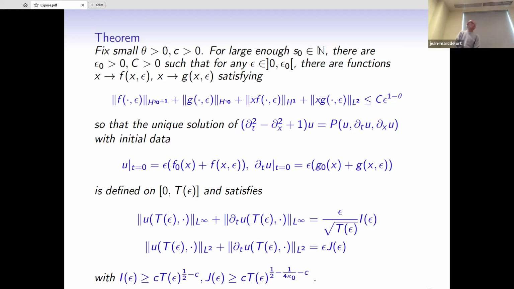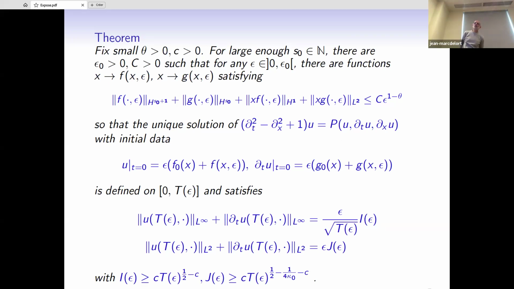So as functions of x, these f and g are smooth. They are in H^(s0+1) times H^(s0), and they are small. The norm is bounded by epsilon to the power 1 minus a fixed small positive number.